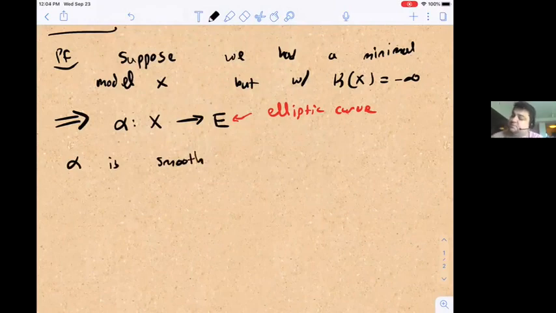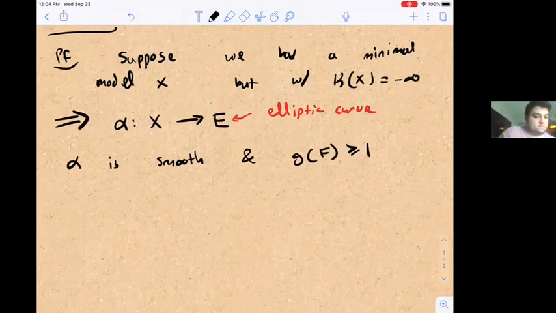So all the fibers are smooth curves, and the genus of the fibers are at least one. So that's where we were at the end of class. And then I stated this theorem that we're going to use to derive a contradiction.